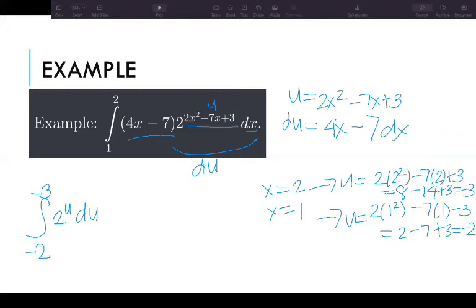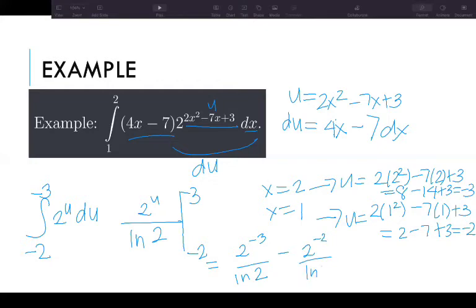Now integrating, we have 2^u over ln 2 by using the exponential integration rules from negative 2 to negative 3, which is 2 raised to negative 3 over ln 2 minus 2 raised to negative 2 over ln 2.